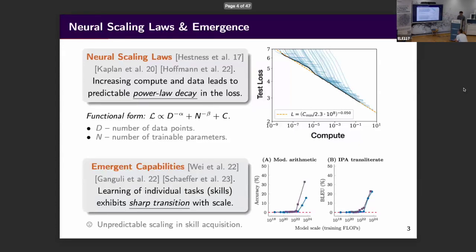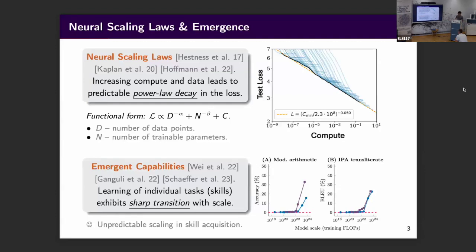And then there's another line of works, usually not for pre-training, that reports the behavior of the model performance when you evaluate it on individual tasks. These figures are not for the pre-training loss, but for the model performance on solving a specific type of math problems. Here the model performance usually exhibits some sort of transition.